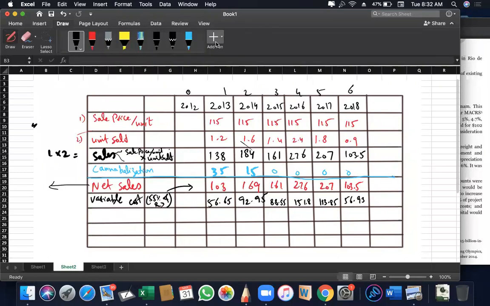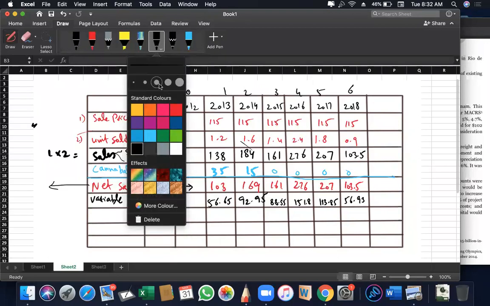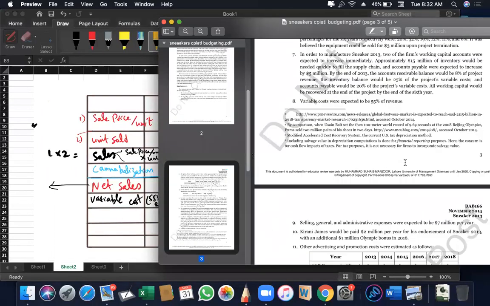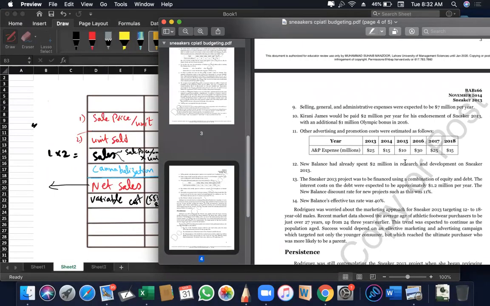Now let's find out whether there are any other costs. If we read the ninth point, this is a cost as well. 9, 10th, 11th. The ninth is selling and general administrative expenses were expected to be 7 million per year.